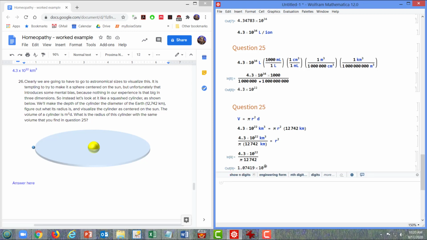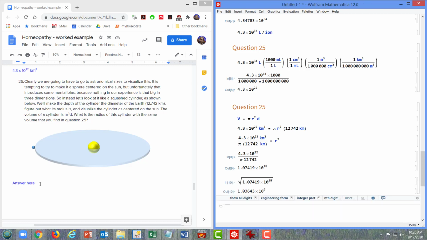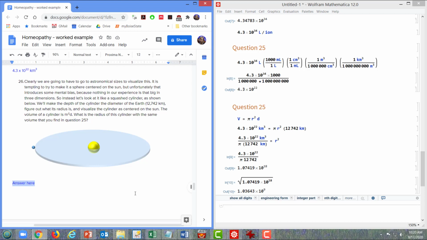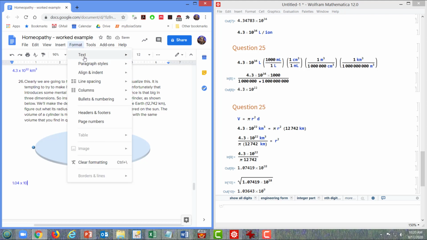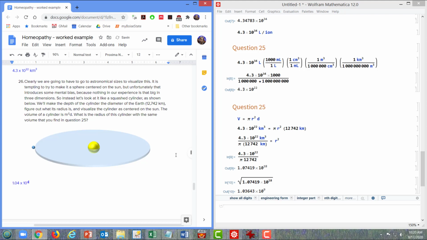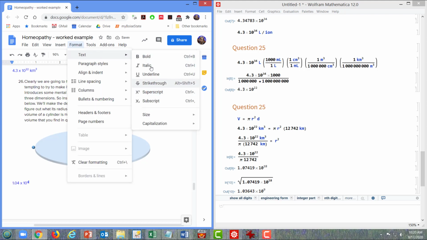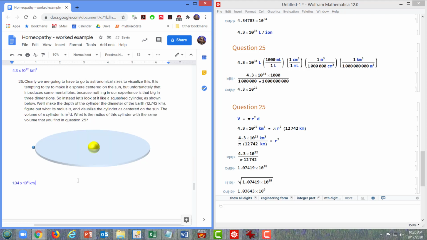Calculate that to find 1.07419 times 10 to the 18th, and that's in square kilometers because one of the kilometers canceled. We're now going to take the square root of this. Again, plug it into your calculator, and we find that the radius of the cylinder is 1.04 times 10 to the 9th kilometers.